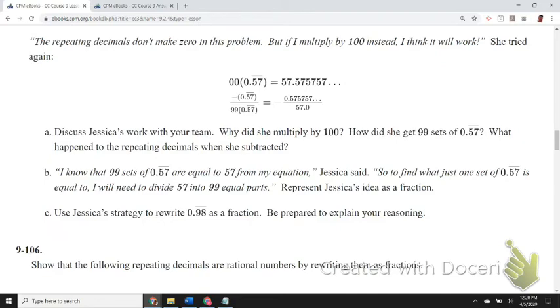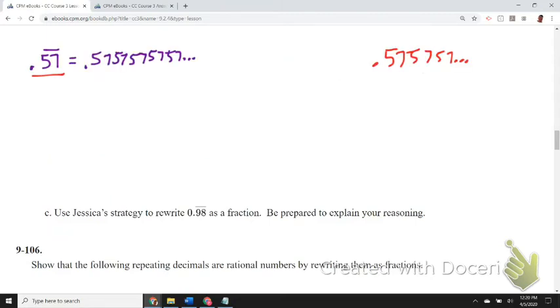So let me set this up for you guys. All right, so as you know, 0.57 with the bar over it is the same thing as 0.5757575757, repeating out forever. So let's take a look at the right side here. If I have 0.575757 forever and ever and ever, for now, let's call that x.